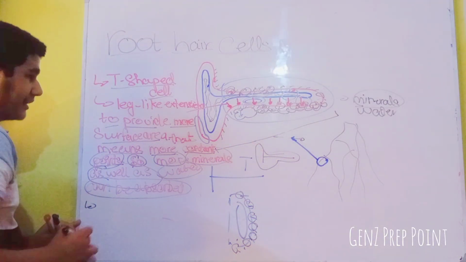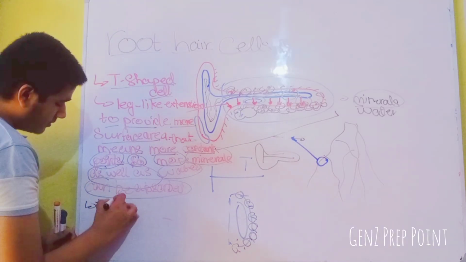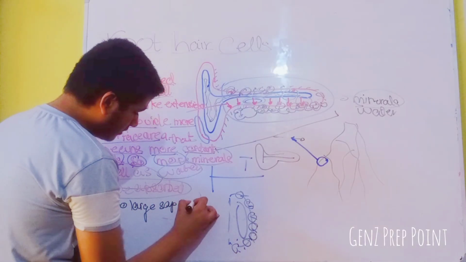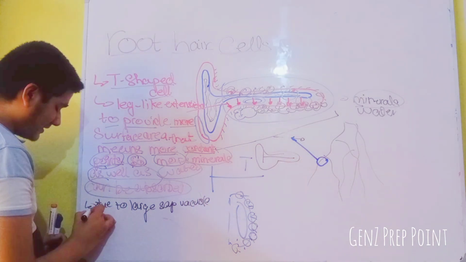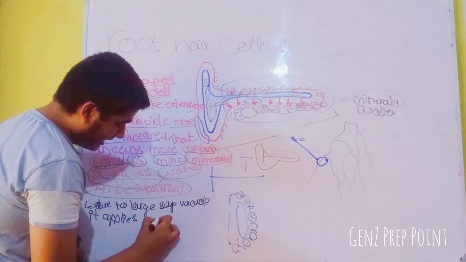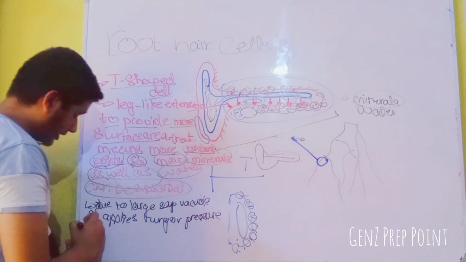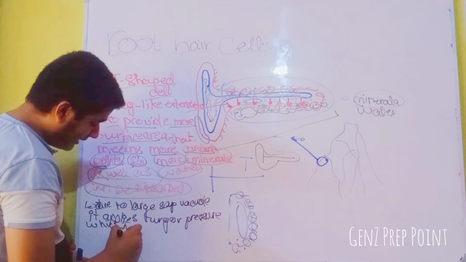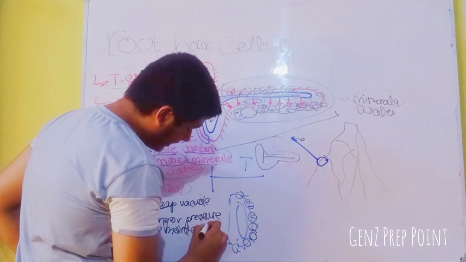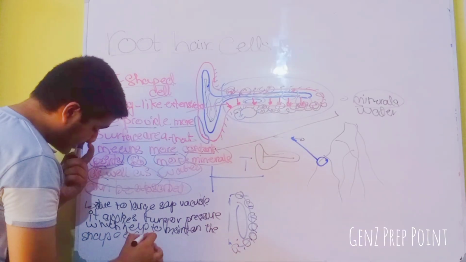Now we will write the second point. Due to the large sap vacuole, it applies turgor pressure, which helps to maintain the shape of the cell.